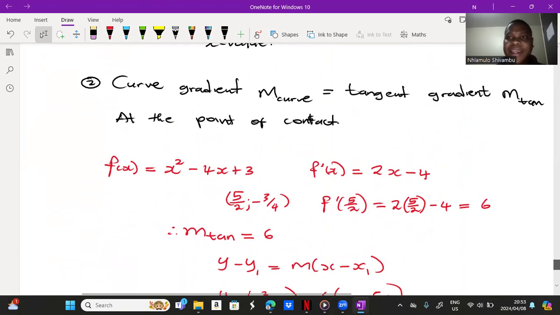Remember, you must get the derivative of that function, and then you get the gradient of that curve at the point of contact. And whatever value you get, you need to equate it to the gradient of the tangent, because they're always equal. And from there, you substitute the point of contact into the equation we use to determine the equation of a straight line.